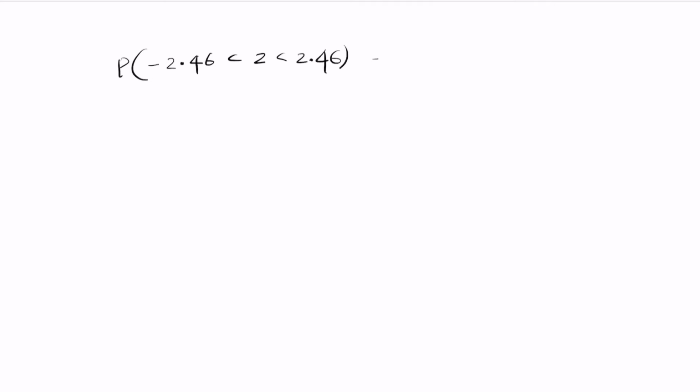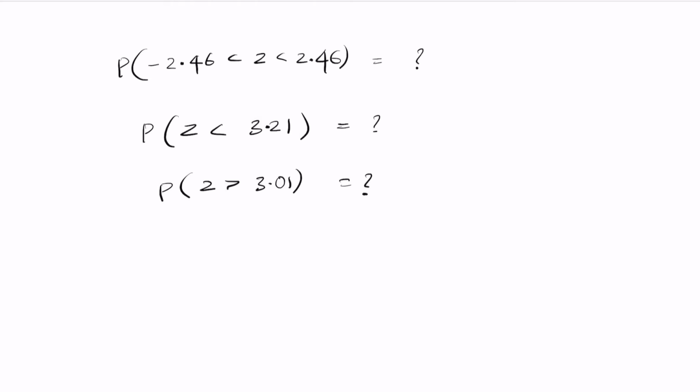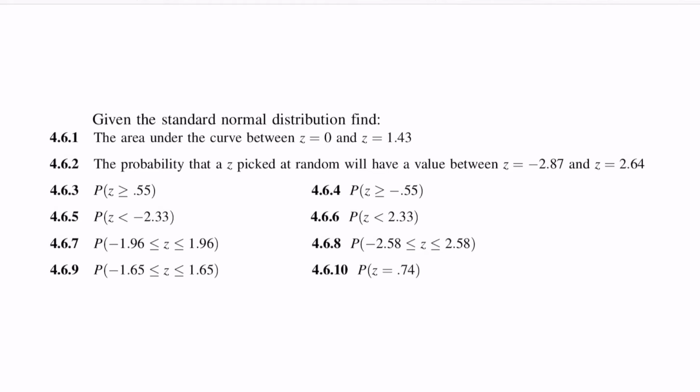So try this problem now, and if that is done, try Z less than 3.21 and also find Z greater than 3.01. Pause the video right here and try to solve these problems.